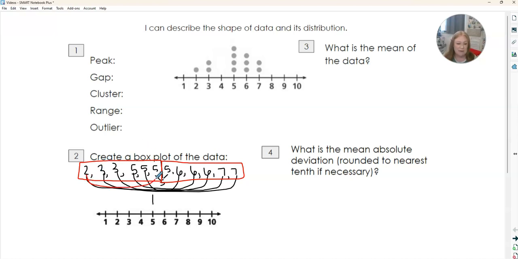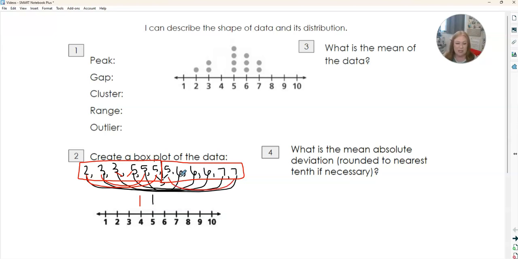So here we're going to find the middle of the front to find the front box. And match. So we have 3 and 5. The middle of 3 and 5 is what number? If I'm looking here, what's in between 3 and 5 is 4. So we're going to mark a line there. Now we're going to find the middle of the back half to finish our last box.